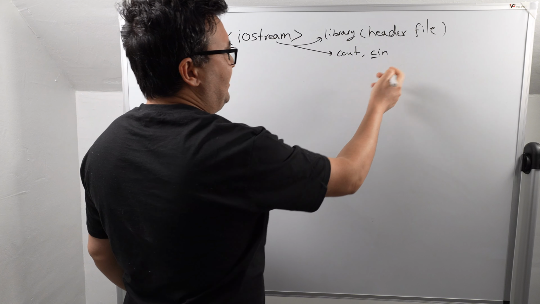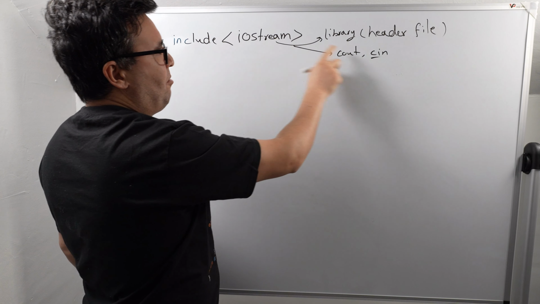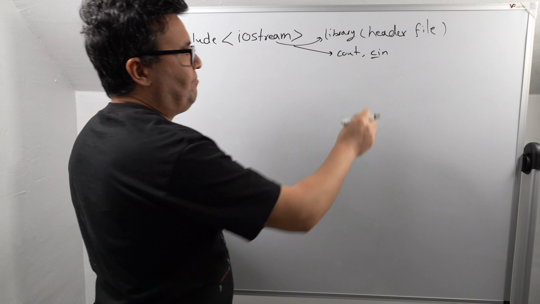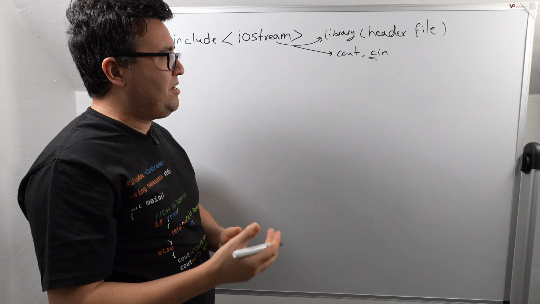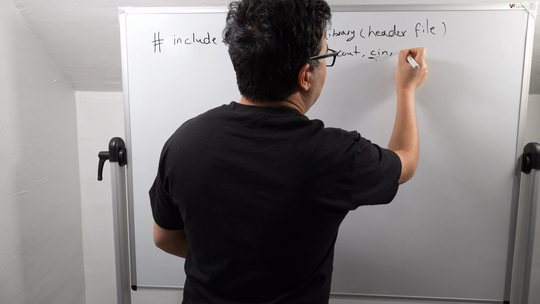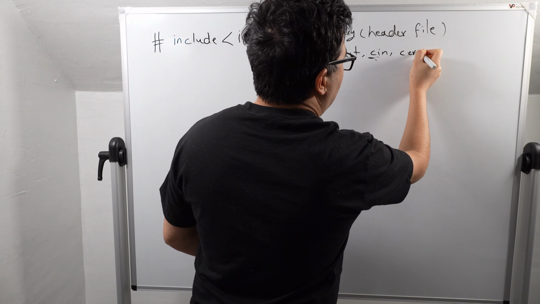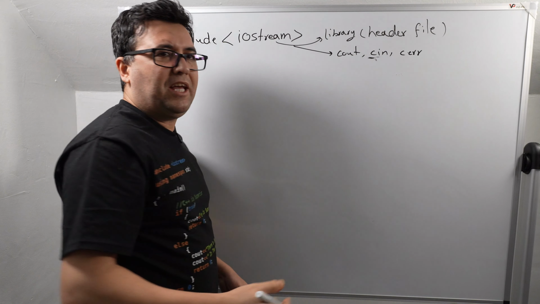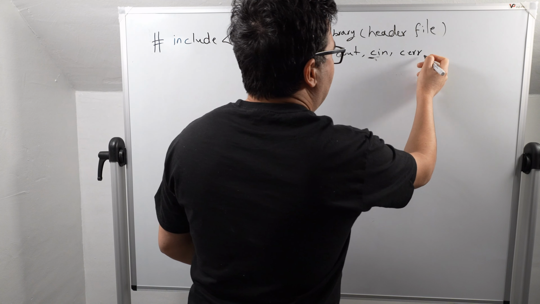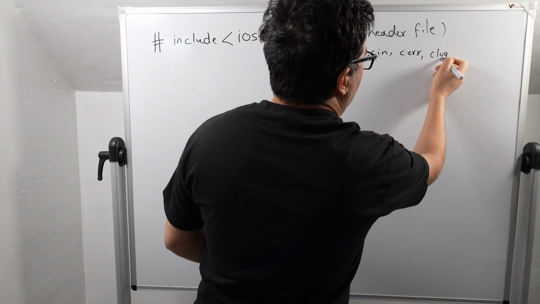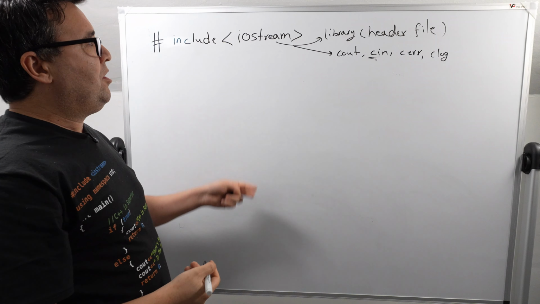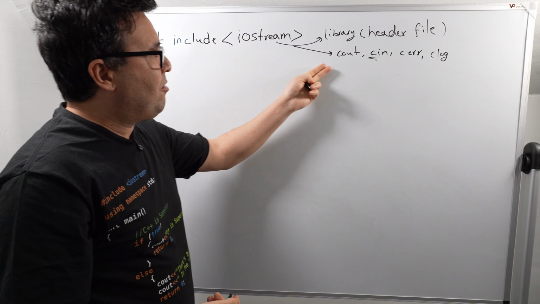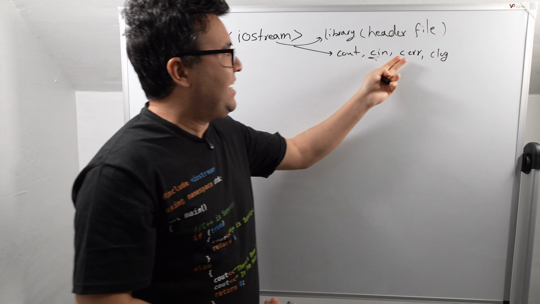Then we have cin, another object inside this library, whose duty is to take numbers or input or information from the keyboard, from the user. Then we have cerr, which is used to print error messages on the screen, and then we have clog, which is used for logging messages. So inside this iostream, there are multiple objects like cout, cin, cerr, clog.